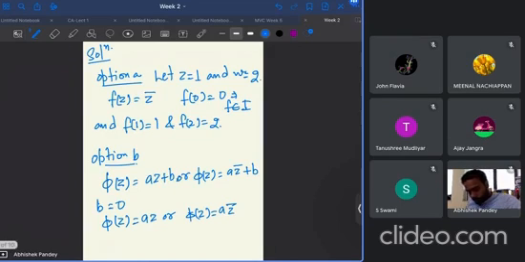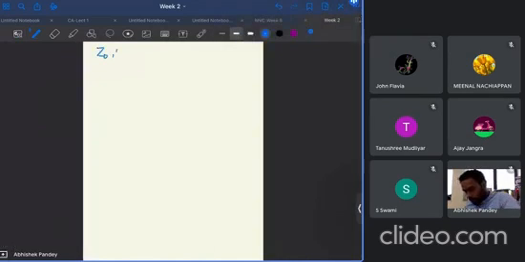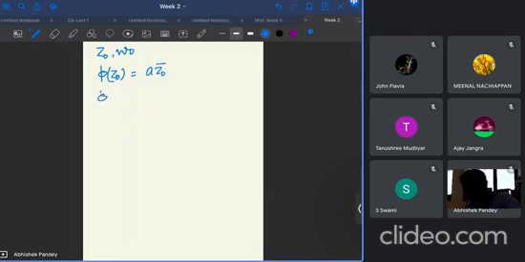Now suppose Z naught comma W naught are two complex numbers. Okay, so phi of Z naught, let us take that as A Z naught bar, and phi of W naught is equal to A W naught bar. So A Z naught bar is basically what?